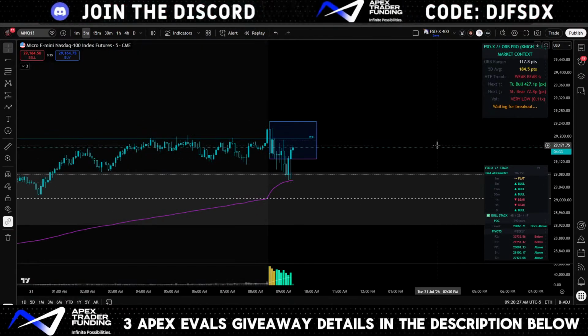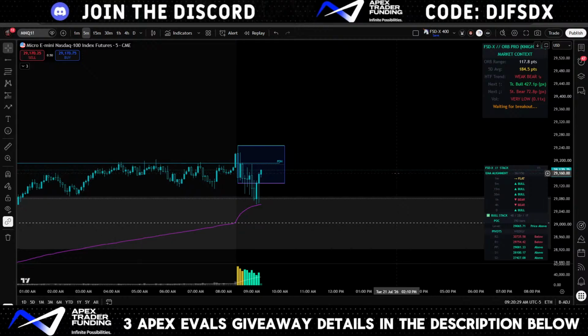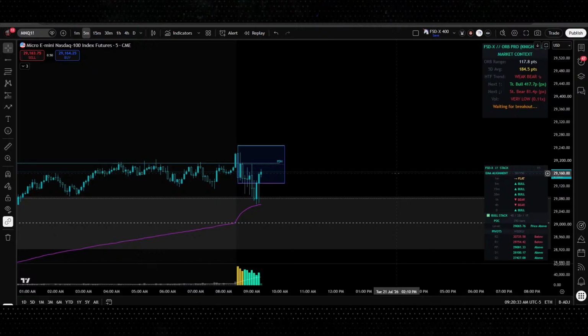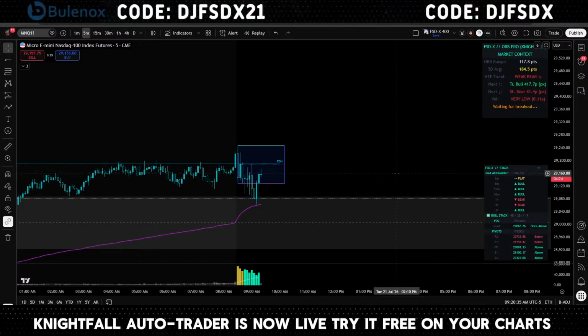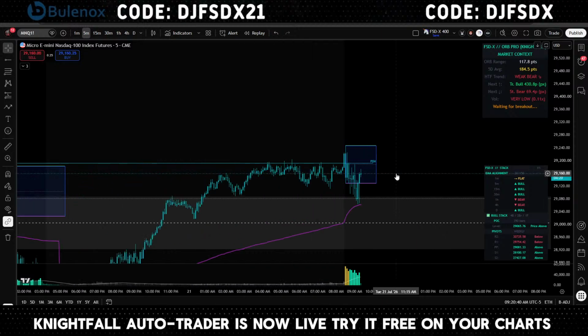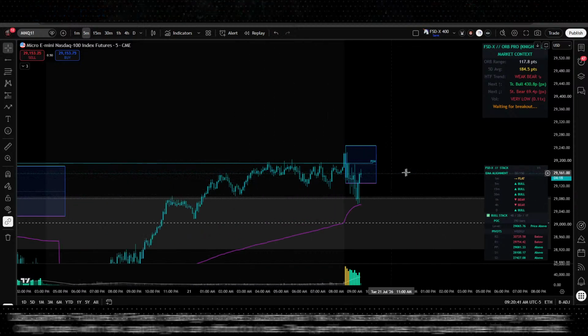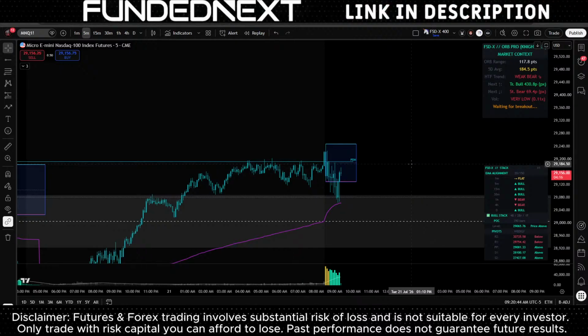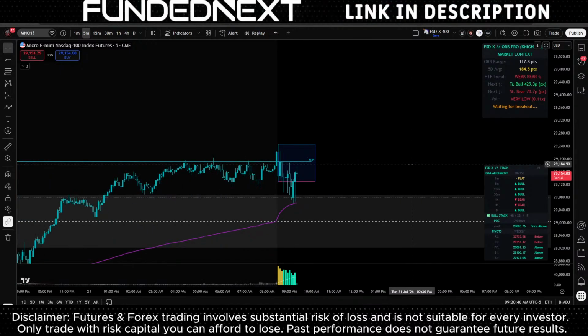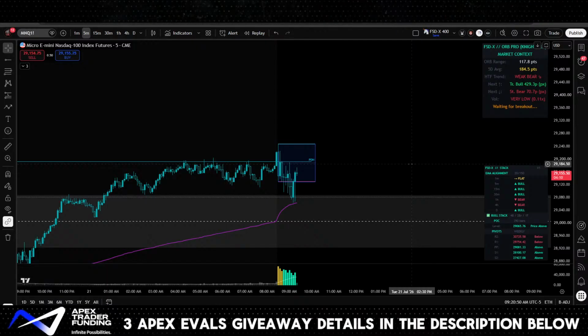I wouldn't mind seeing a choppy day though, so that we can compress and then get the expansion. If we keep doing this the rest of the day, it gives us the fuel. Price is going to want to go somewhere. It can't stay compressed for very long.